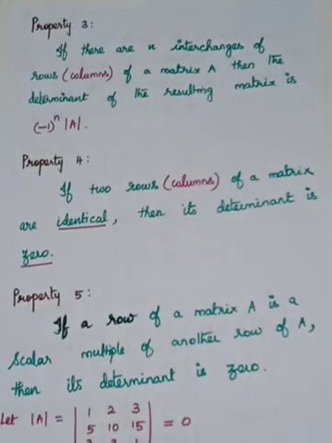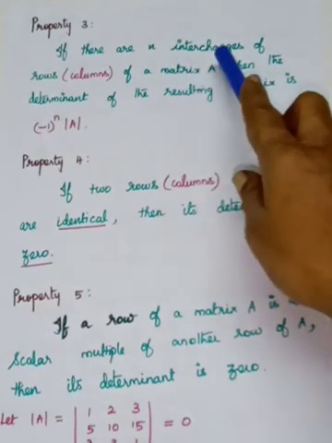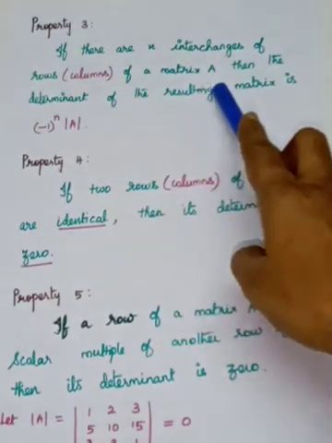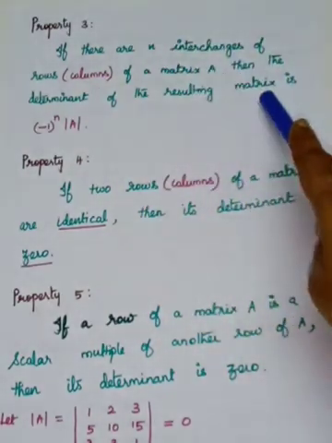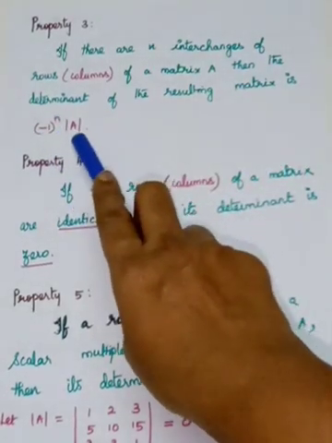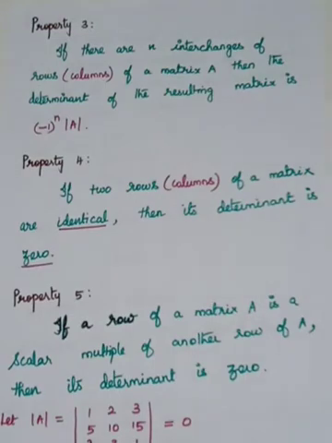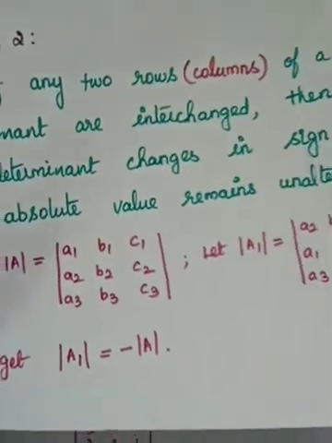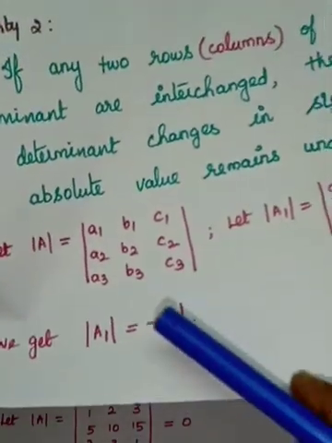Property 3. If there are n interchanges of rows, that means if you interchange two rows the first time, and then interchange two rows again, then with n interchanges of rows of a matrix A, the determinant of the resulting matrix is minus 1 the whole power n into determinant A. See that if you do one interchange in any two rows, there will be a change in the sign.